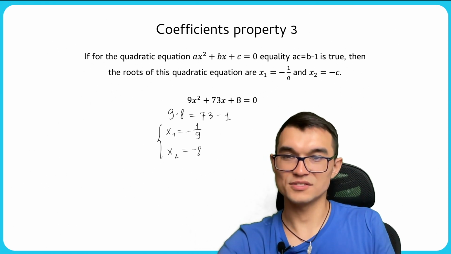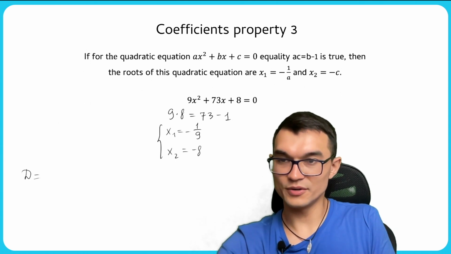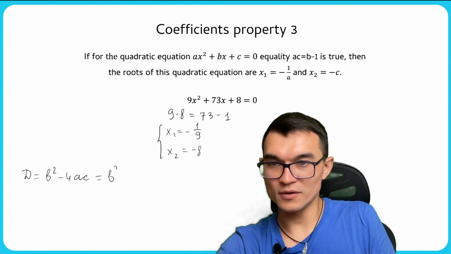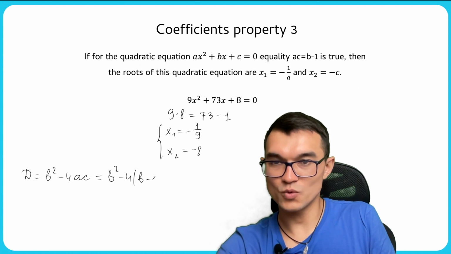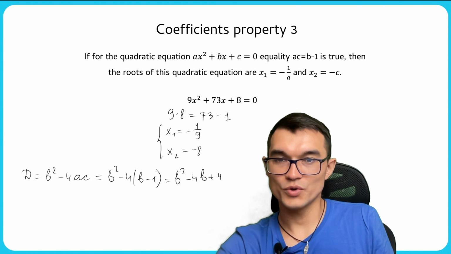Now, why exactly does it work? We can prove that it works using the discriminant again. The discriminant is b squared minus 4ac. And if ac equals b minus 1, then it's b squared minus 4 times (b minus 1), or b squared minus 4b plus 4, which is equal to (b minus 2) squared.